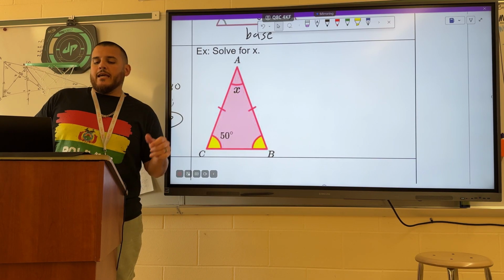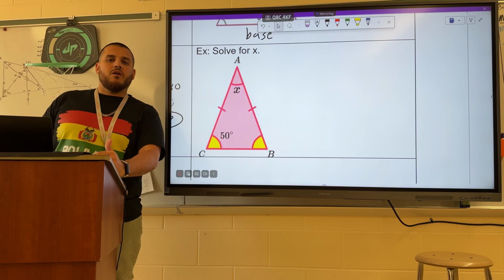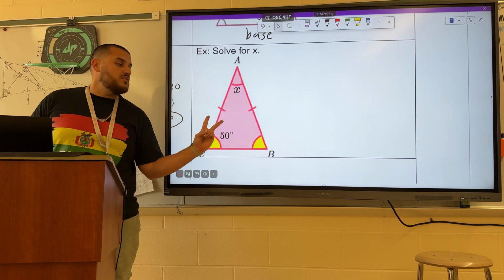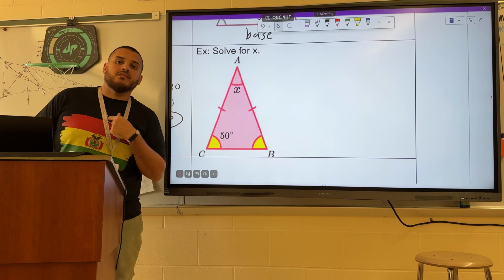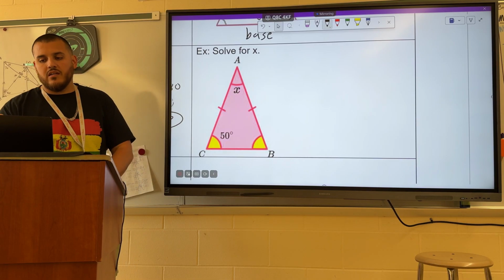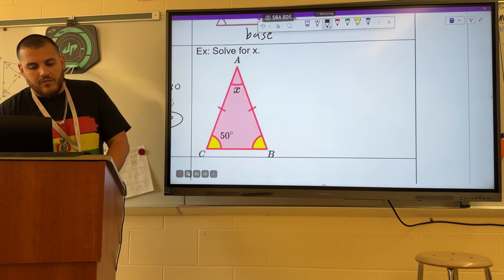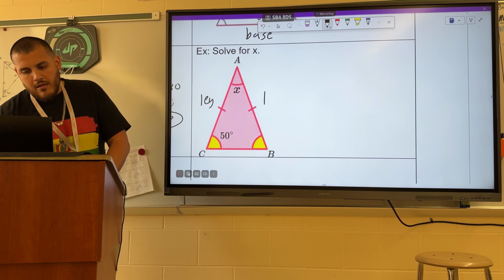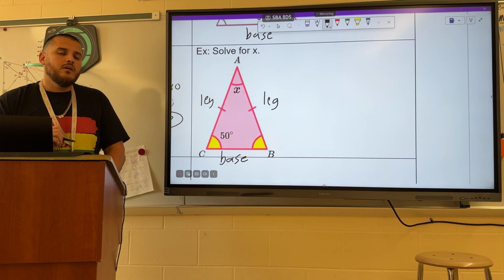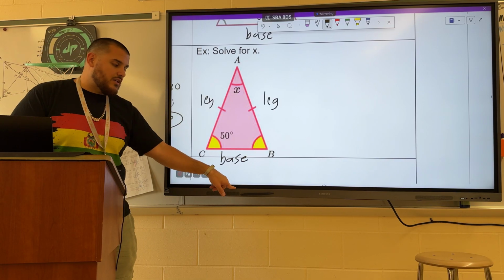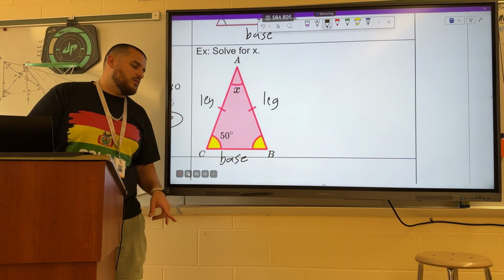Okay, let's see how you did. Again, this really boils down to, do you know your parts for your isosceles triangle? I see two congruent sides, it means I know it's isosceles, and I know those congruent sides are the legs of the triangle. So this is a leg, this is a leg, that means this side down here is the base. And I know the two angles that touch the base are the congruent base angles of the isosceles.